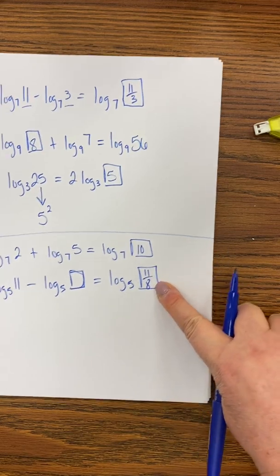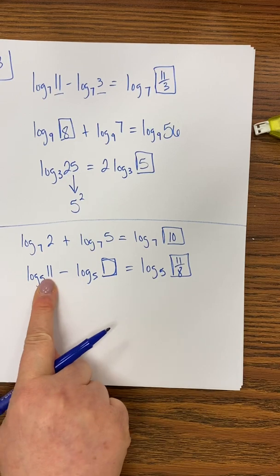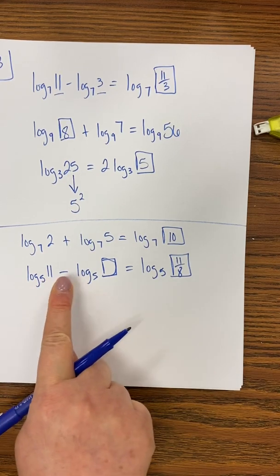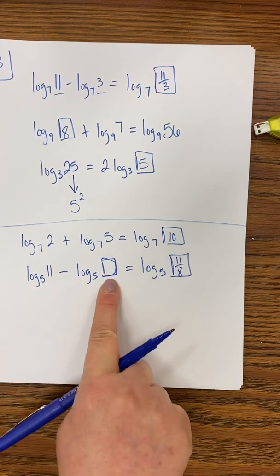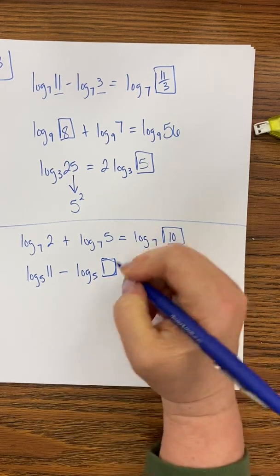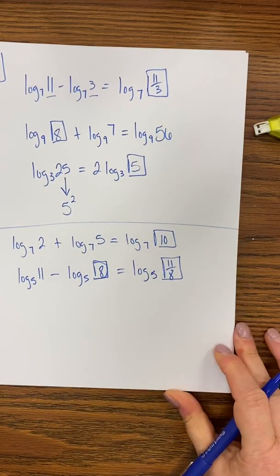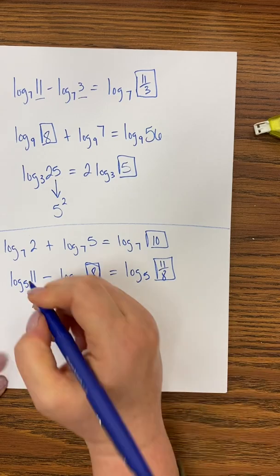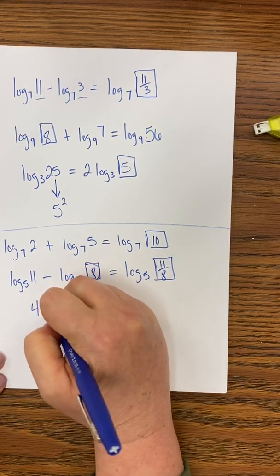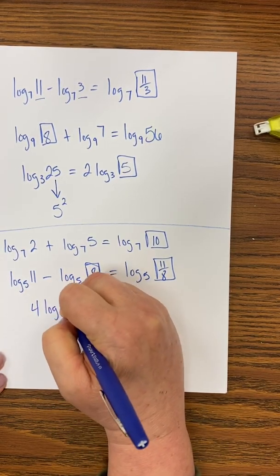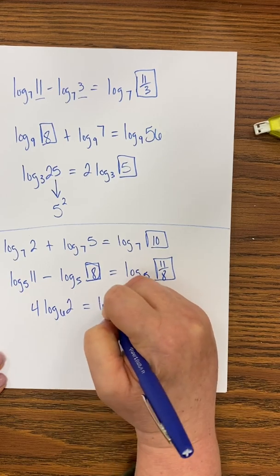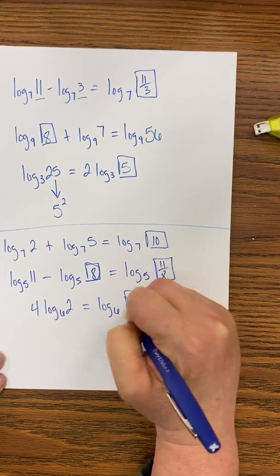Well, it's the quotient rule. So you go back here, and we have our 11, and we have our minus, so we know it's the quotient rule. Well, what do we have here? Well, it's the 8. It's the denominator of our fraction. And the last one is our power rule. And then what's missing in the box?